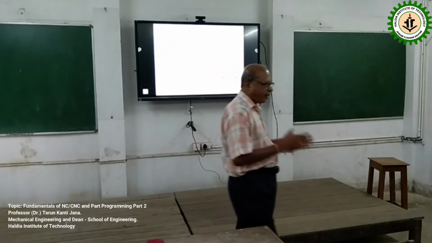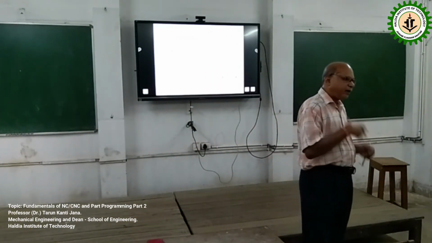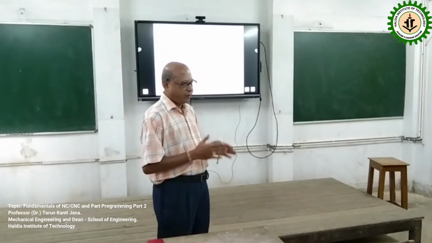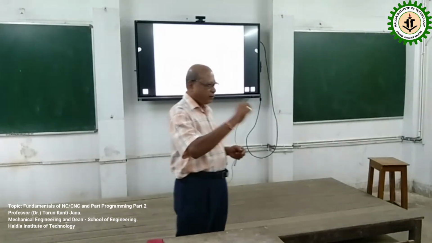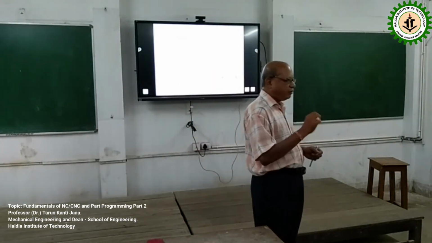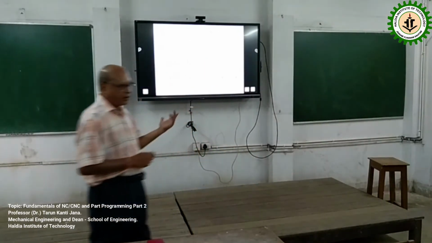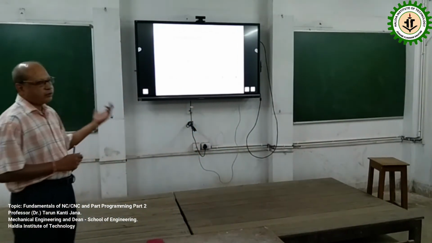They are so complicated in their mathematics, and they are also used for approximation purposes. The exact path is very difficult to handle. So in that case, we require CAM software. Manual calculation is next to impossible.